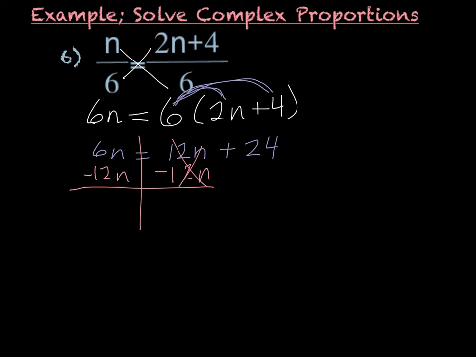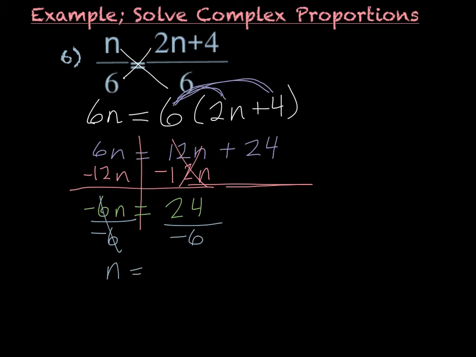So that's going to cancel out there, leaving me with 24 equals 6n minus 12n is a negative 6n. And now I divide by negative 6. So n equals negative 4. And that's your final answer.